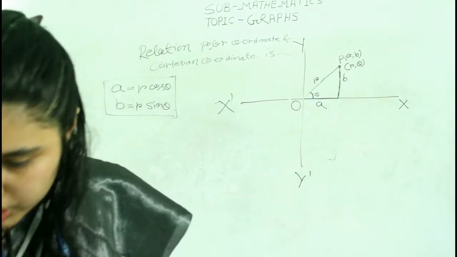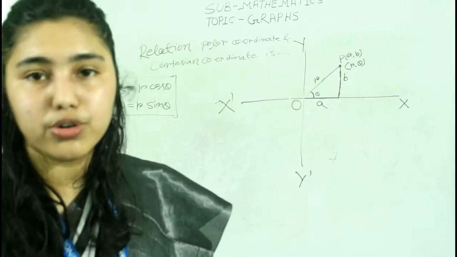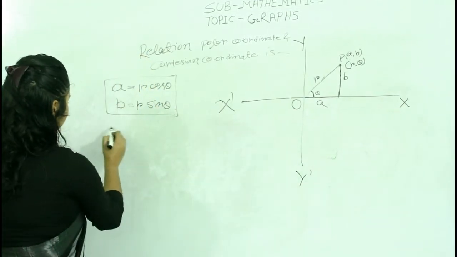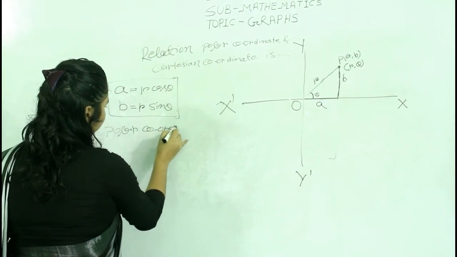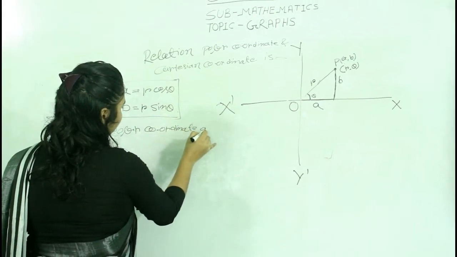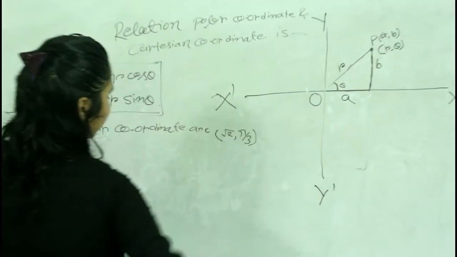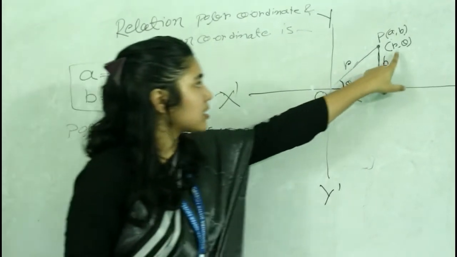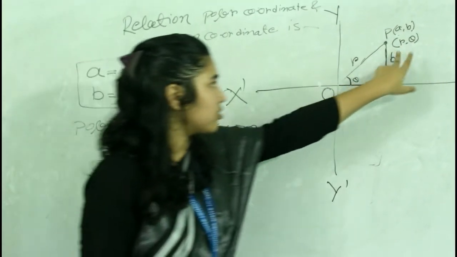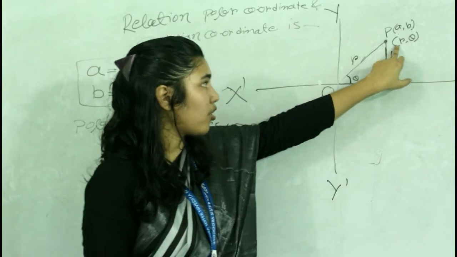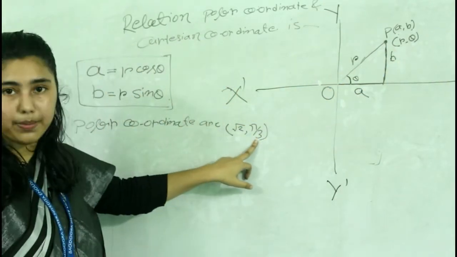So here in our question our polar coordinates are given, which is root 2 comma pi by 3. That means this (r, theta): the value of r is root 2 and the value of theta is pi by 3.